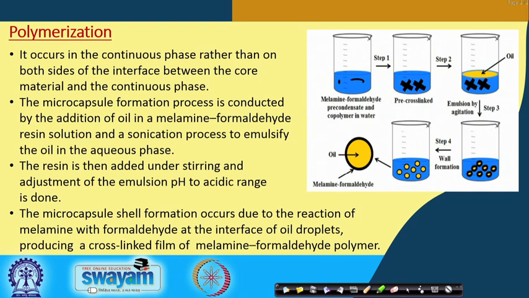It is a pre-condensate form and copolymer added in water, and it has a cross-linked polymer, and then oil is added step by step and agitated to form the emulsion. Finally, as you can see in the picture, the ball formation takes place, and finally rigidization of the ball. You get the oil encapsulated or coated with a melamine formaldehyde membrane.